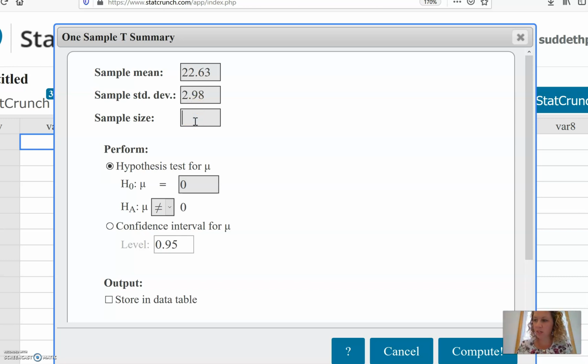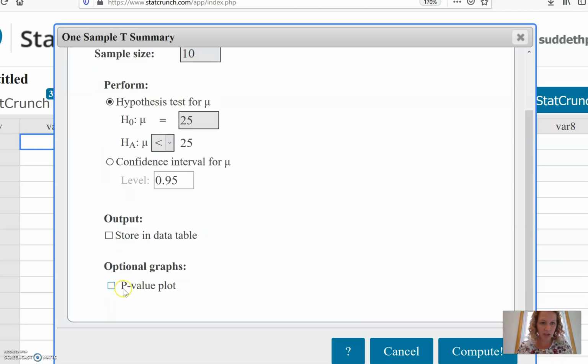The sample size is 10. And we're doing a hypothesis test for a mean. H sub 0 mu should equal, and remember the underlying assumption is 25. For H sub a, we're going to change the inequality to less than. We're going to go further down in the StatCrunch menu and hit the p-value plot. Then we're going to hit compute.